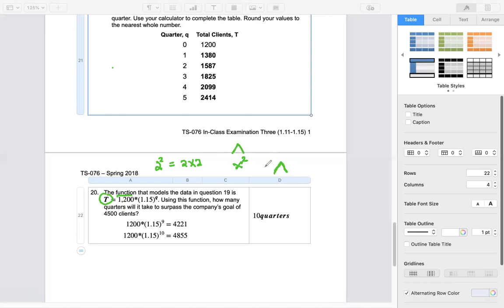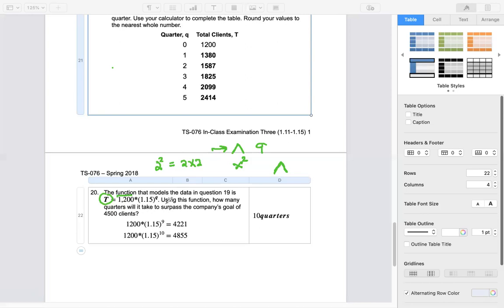So what you would do is, say it was the 12th term or the 9th term, you would have 1.15, this is 115%, to the, say, 9th quarter. So you're doing it to the 9th. If I put 1.15 in my calculator and then press this key right here, and then press 9, that will give me 1.15 to the 9th.